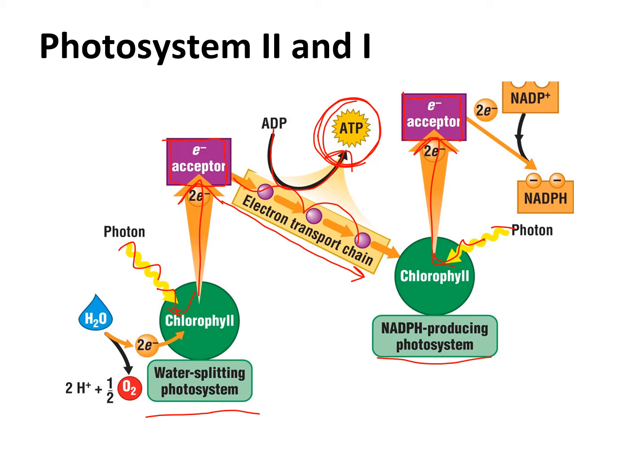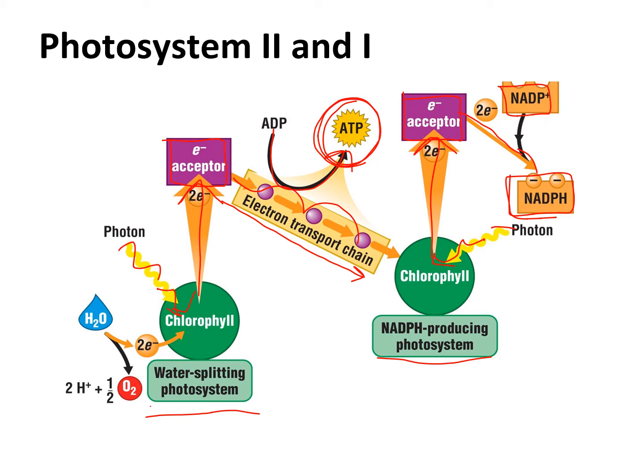And then those high energy electrons are transferred to the NADP molecule, forming NADPH, which is a high energy electron carrier. Now notice there's all this movement of electrons, and overall through these two photosystems, there's a continual flow of electrons.